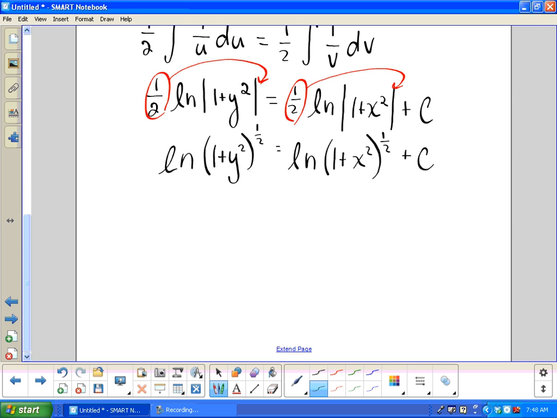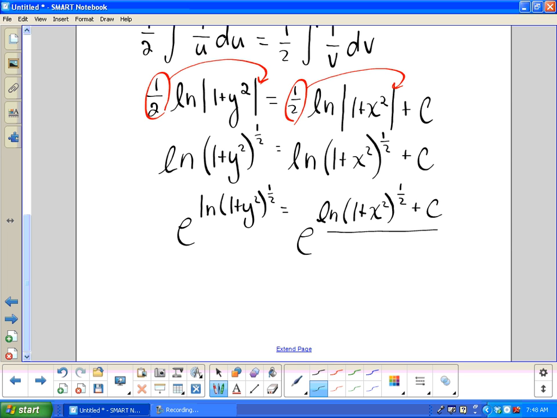So now I'm going to take both sides to the e. So I have e to the ln of (1 plus y squared) to the 1/2 is equal to e to the ln of (1 plus x squared) to the 1/2 plus c. And we're doing that trick again with the c. I could split up these two things on the right-hand side that are added together and get e to the c as my constant.